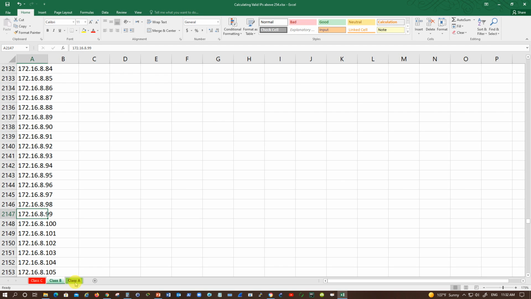So I noticed that this is very good to calculate the addresses. And you might be wondering, why do we need to calculate them? If you are a network administrator, you might define a DHCP pool to be allocated to the devices in your network, and it's a random range.